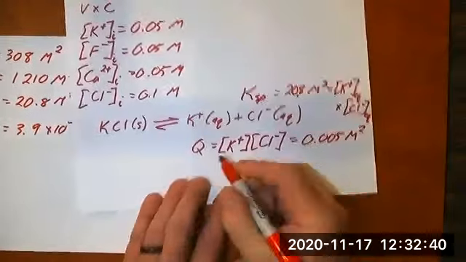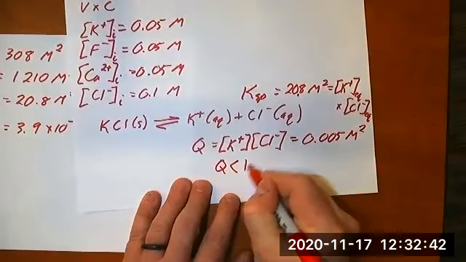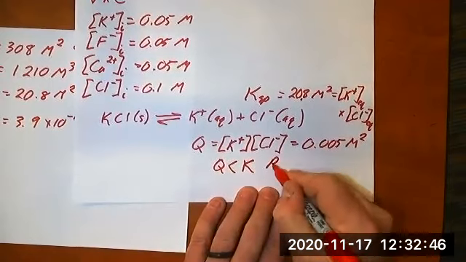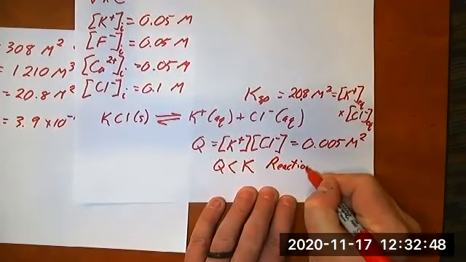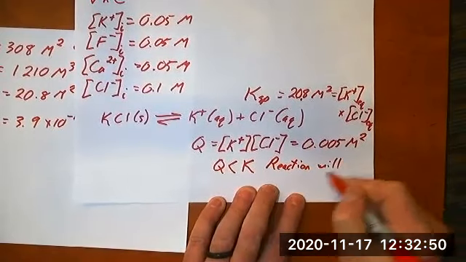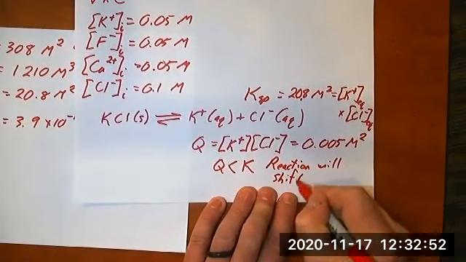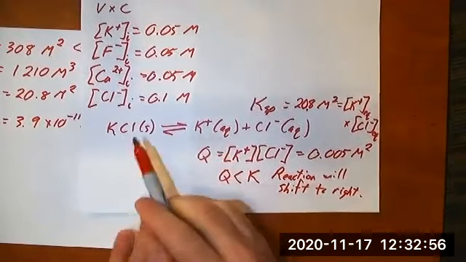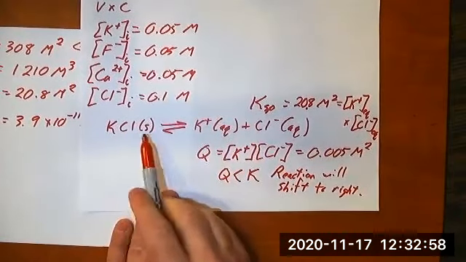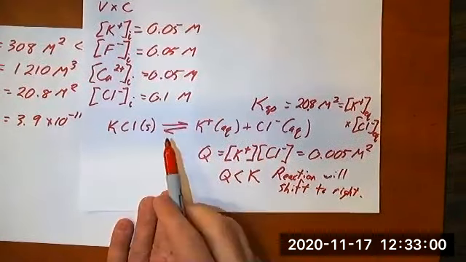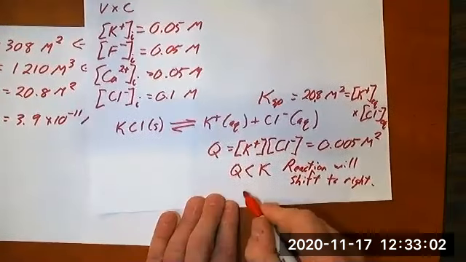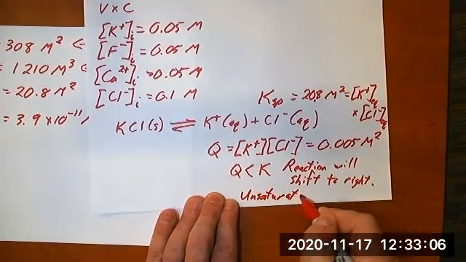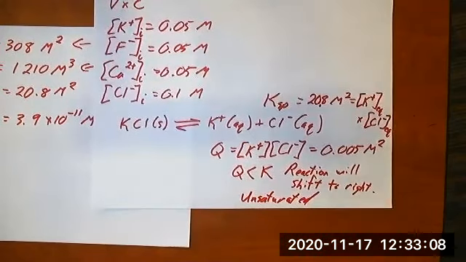And remember, when Q is less than the equilibrium constant, then that means the reaction will shift to the right. Except we don't have any potassium chloride solid, so this is unsaturated. There will be no potassium chloride precipitate.